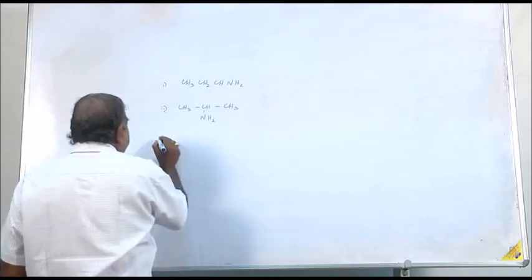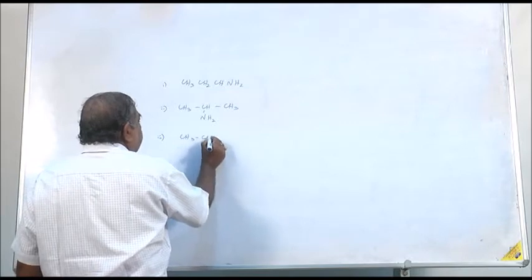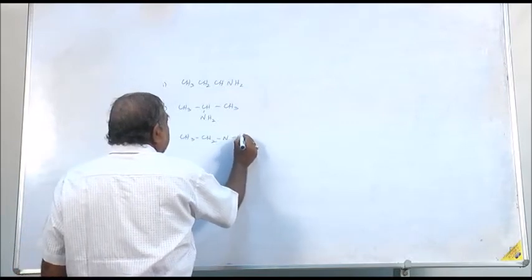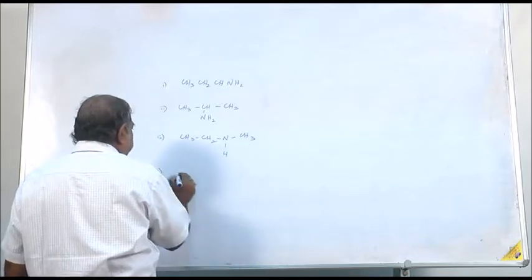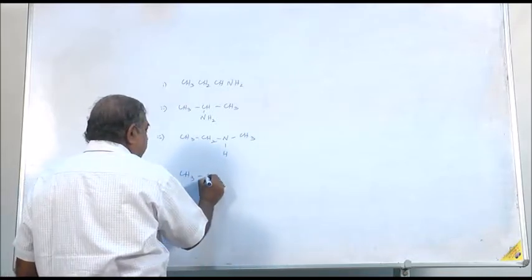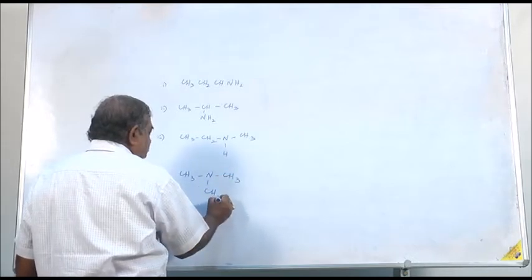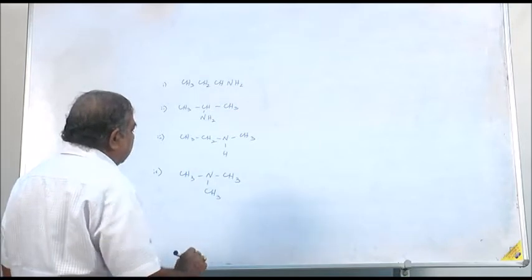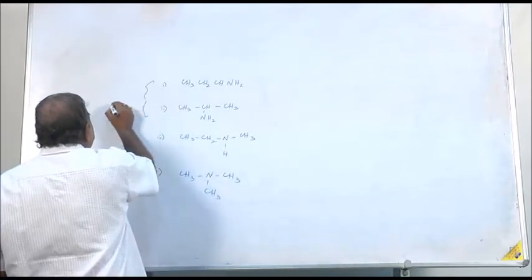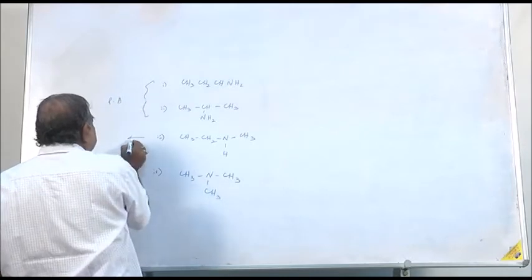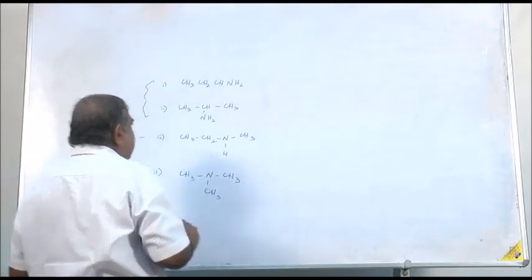This is second one. Third one will be, and fourth one will be. You can see in all these cases, the total number of carbon atoms is 3, total number of hydrogen is 9 and nitrogen. First two are primary amine, next one is secondary amine, next one is tertiary amine.